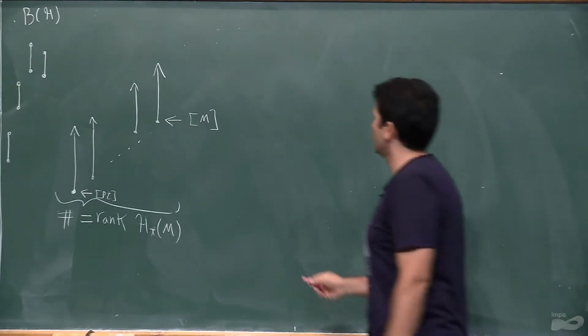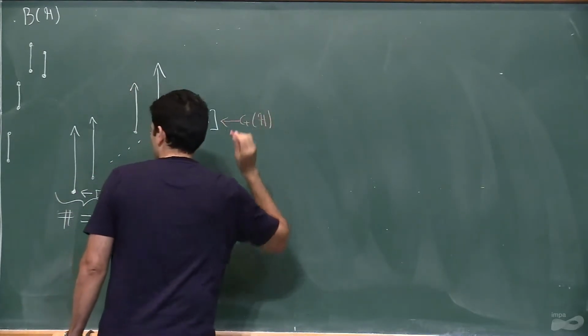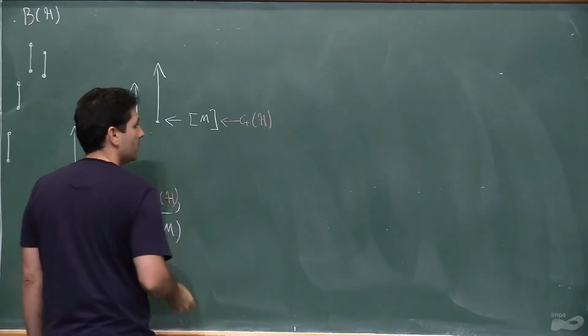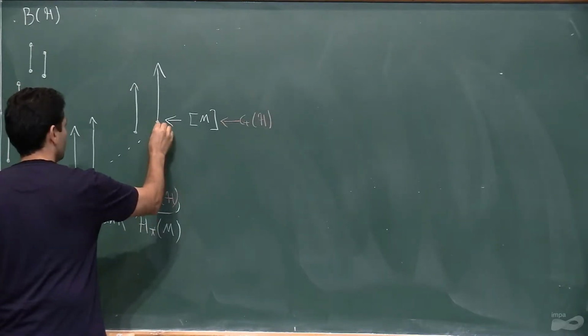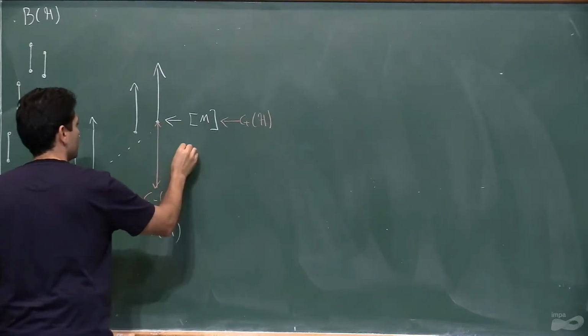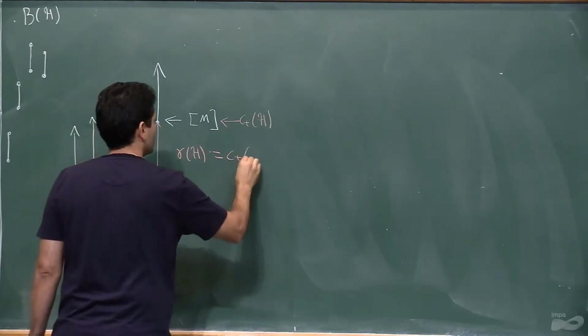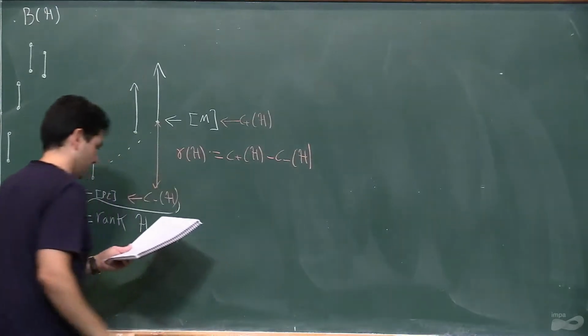This one is usually called c plus of H, and this one is usually called c minus of H. These are the spectral invariants that were introduced by Viterbo and, in this setting, by Schwarz. And the difference between the two, which is called gamma of H, is by definition c plus of H minus c minus of H, the so-called spectral norm.